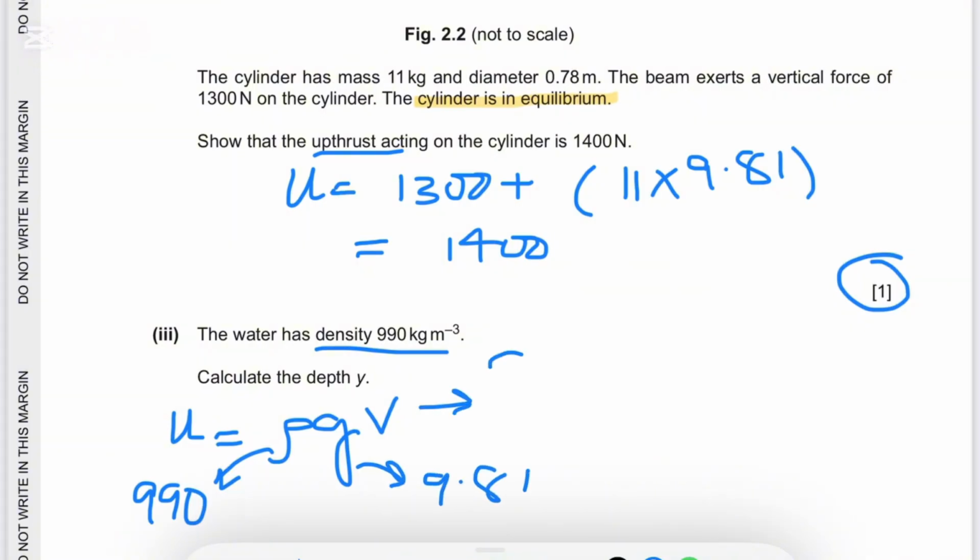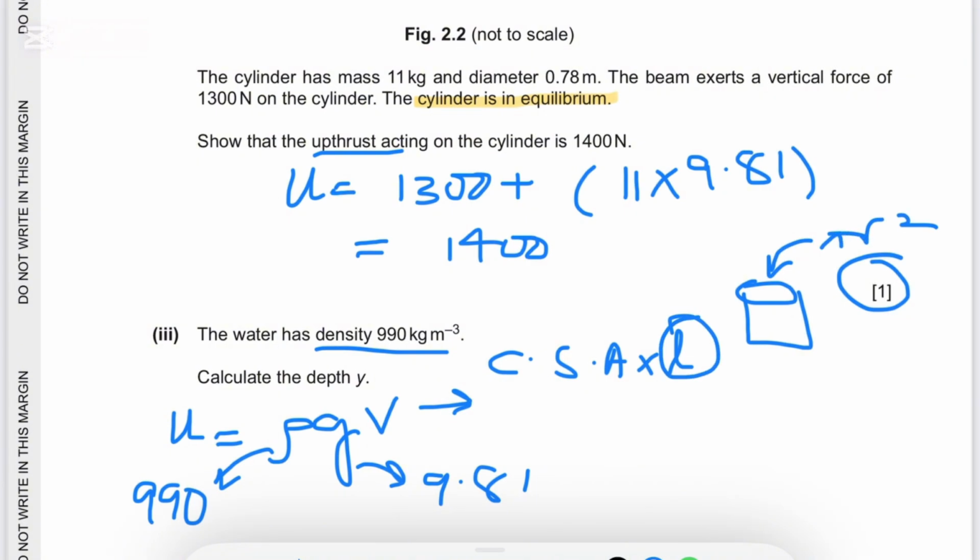Volume is equal to the cross-sectional area multiplied by the length of a certain object. The cross-sectional area for this cylinder would be the area of a circle, that's pi r squared, and then the length. Remember that this length is only the portion of the cylinder that's submerged in the liquid. So this is y over here, which is why you would multiply this product with pi r squared times y.